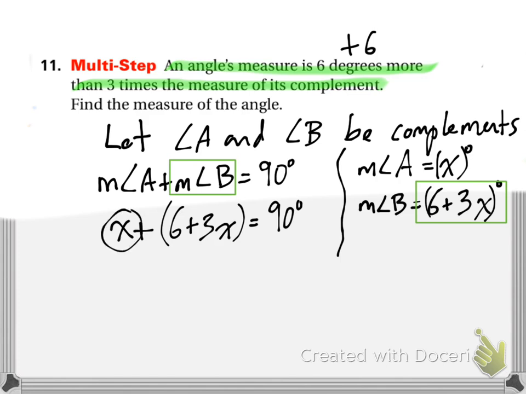So then we combine our like terms here. We have x and 3x. That's a total of 4x. We have a plus 6 to take care of. Bring down the equal sign, bring down the 90. We're then going to subtract 6 from both sides.